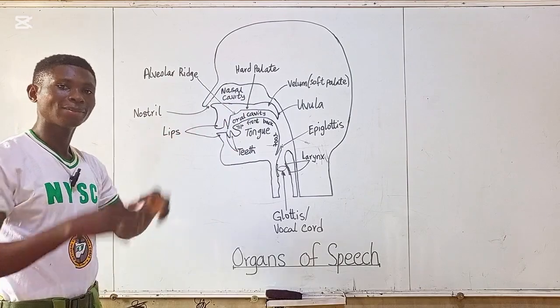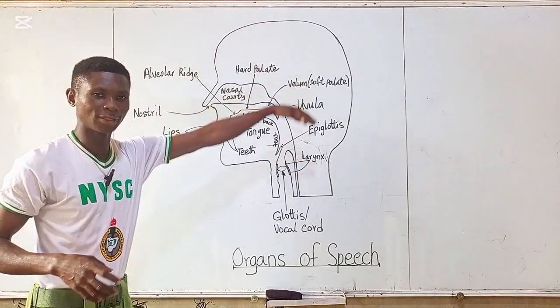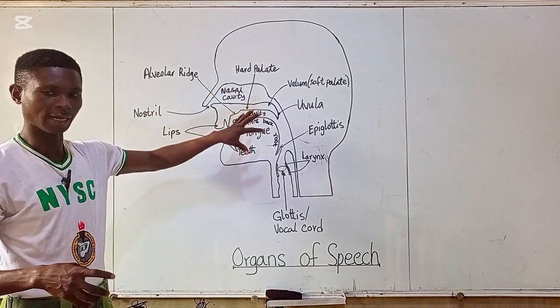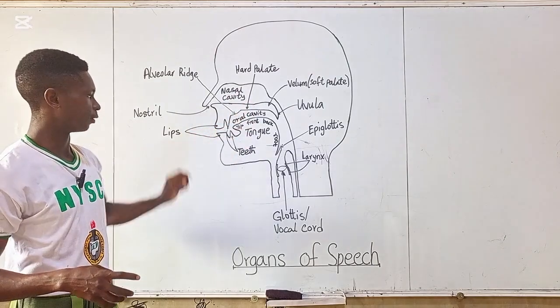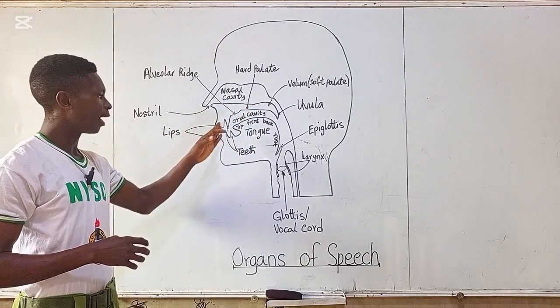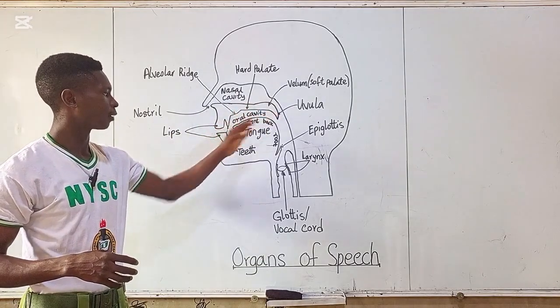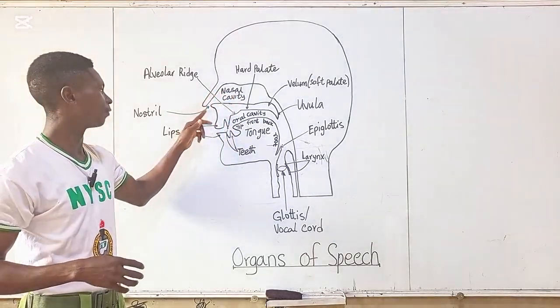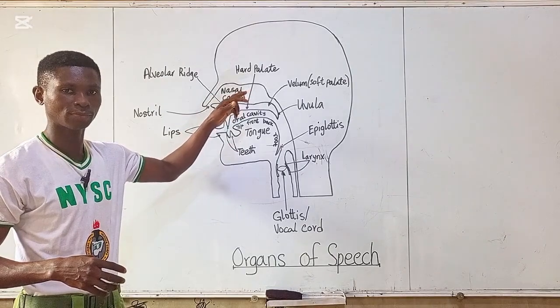When we're talking about sound, this is actually the frame of the head, but this is the aspect that we want to focus on. So looking at the oral cavity, we have different parts up here and down here, and then we also have the nasal cavity.